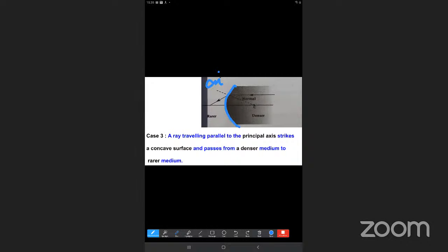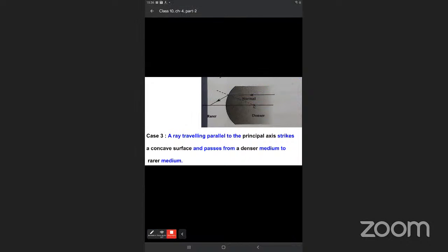This is the air medium and this is the water medium. This is the center of curvature, principal axis. So here, this ray is parallel to the principal axis. And after refraction, it passes from denser to rarer here. So this is the normal and this is the refracted ray. We know when the light ray travels from denser to rarer, it moves away from the normal.